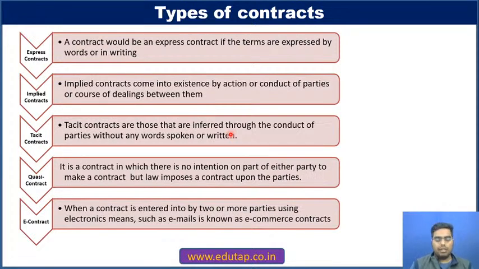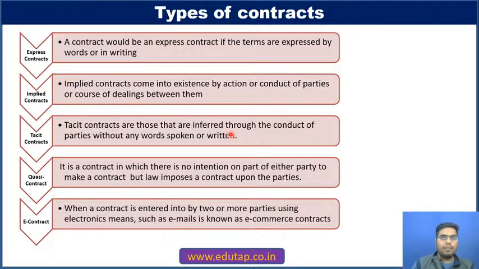You go to the nightclub and take your car to the entrance. Then you come out with your keys in your hand, place the keys near the valet parking person who is coordinating it, and go inside the nightclub. So this is a tacit contract.